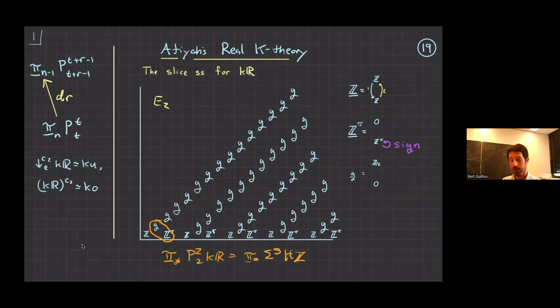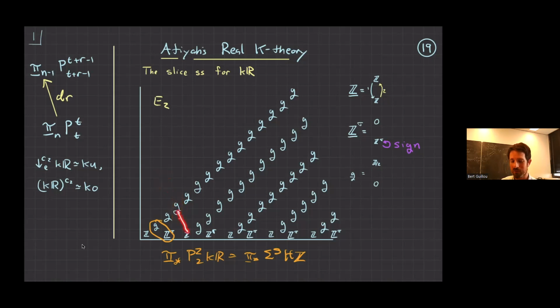Okay, and now we have a spectral sequence, which in the end is supposed to give us the answer for the homotopy of KR. One thing we might notice is, I know that both KU and KO don't have anything in degree 3. But here I see a pesky G in degree 3, and that has to go away. Well, there's nowhere for it to go, so it must have been hit by something.